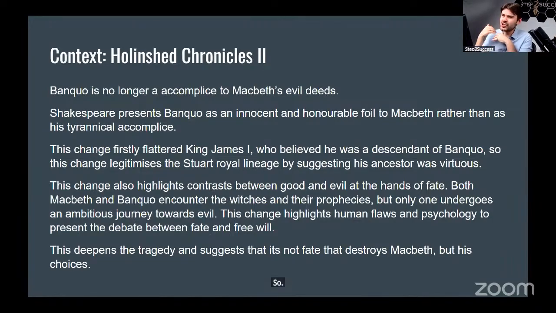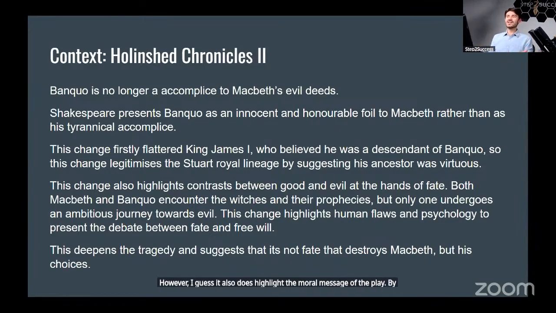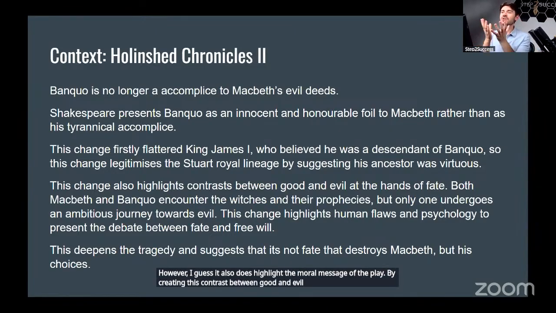So Shakespeare changed the character to be good to purely flatter the king, suggesting that his ancestry was virtuous and honorable. However, I guess it also does highlight the moral message of the play by creating this contrast between good and evil, this juxtaposition at the hands of fate.